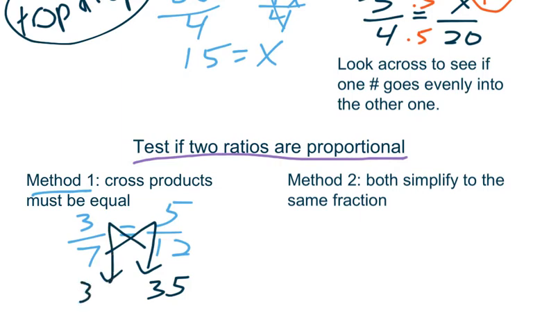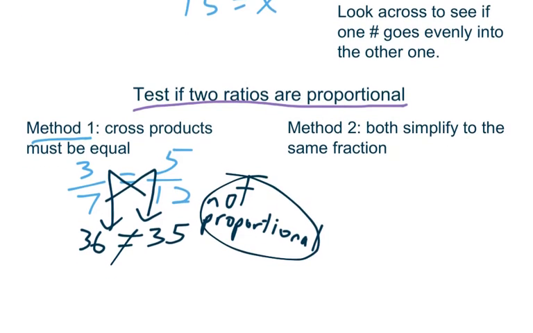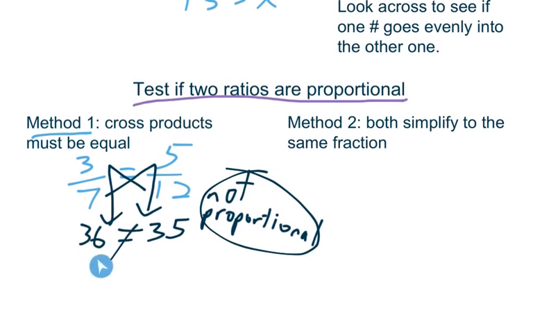These are not equal, so it's not proportional. And actually, since the 36 is bigger, we know that 3/7 is actually bigger than the 5/12.